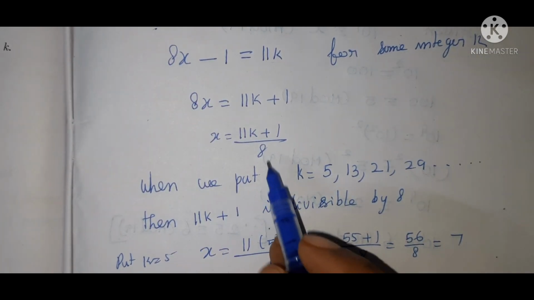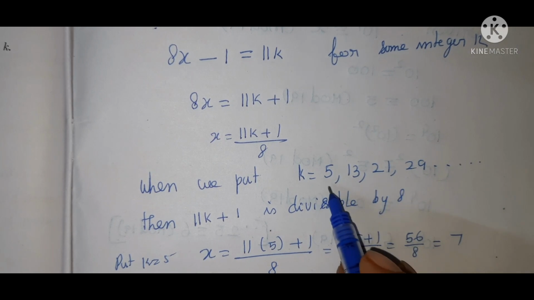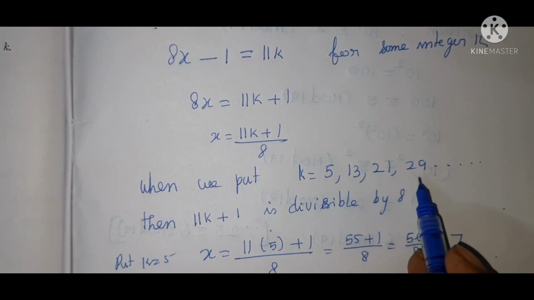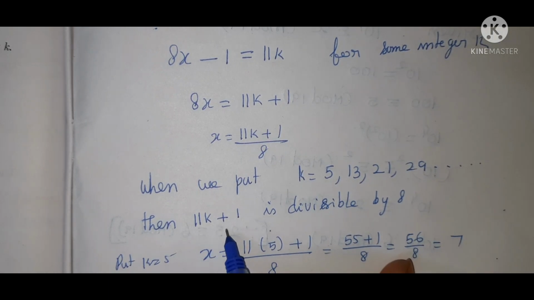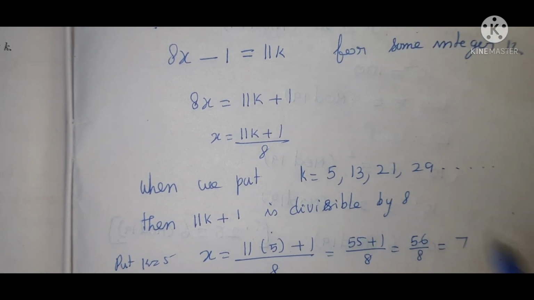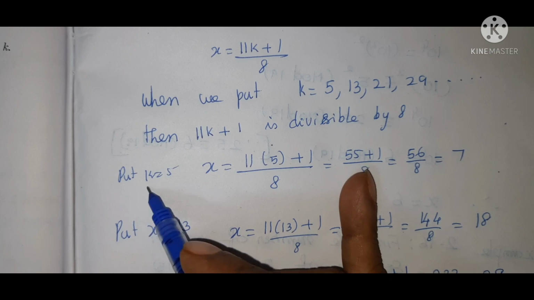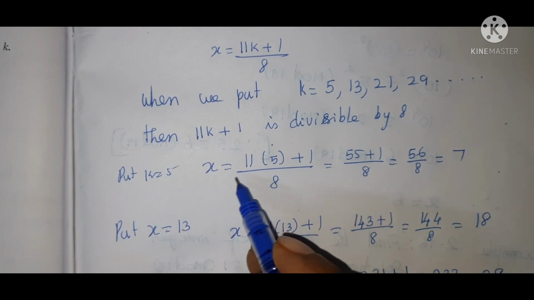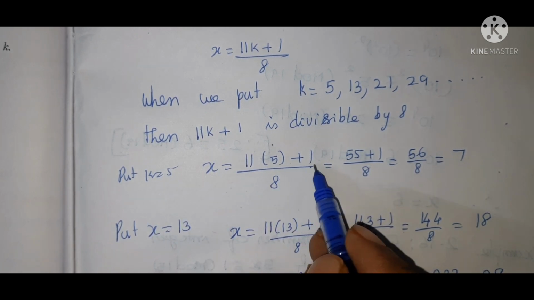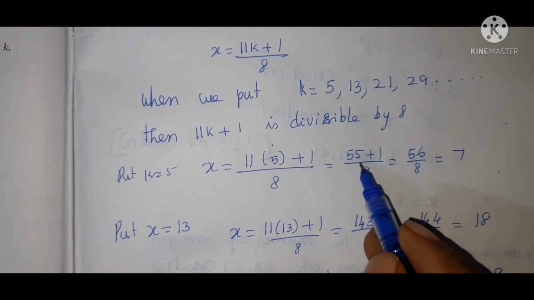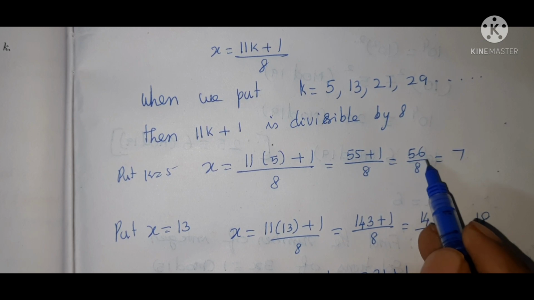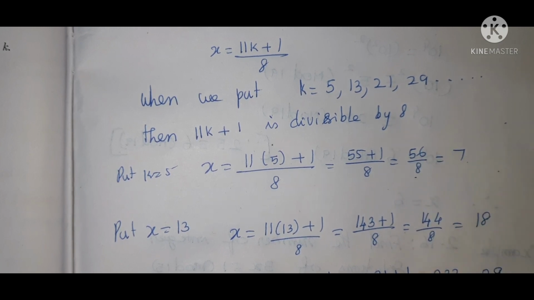When we put the values of k as 5, 13, 21, 29 and so on, then 11k plus 1 is divisible by 8. Put k equal to 5: x is equal to (11 into 5 plus 1) by 8. 11 into 5 is 55, plus 1 is 56. 56 by 8, we get 7.